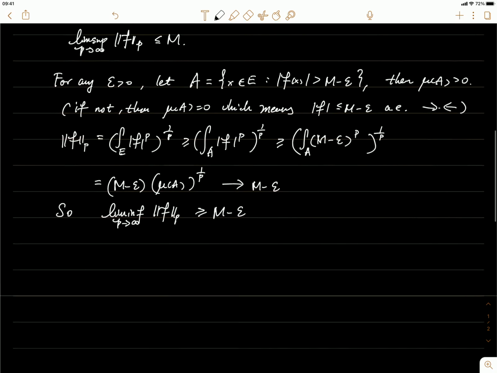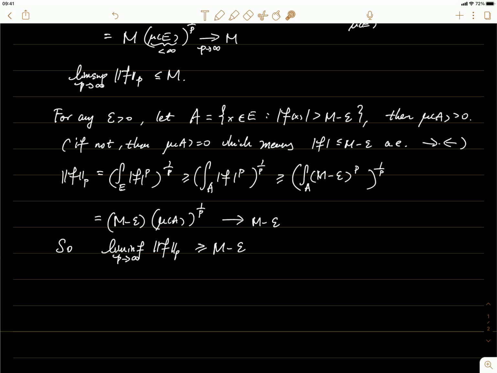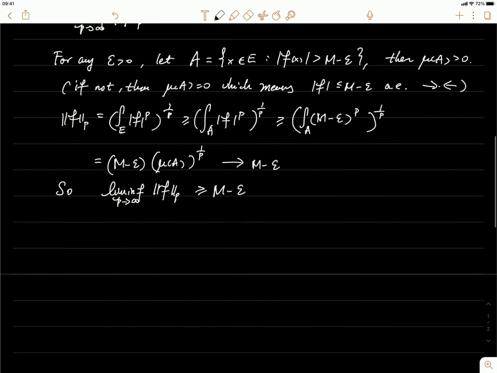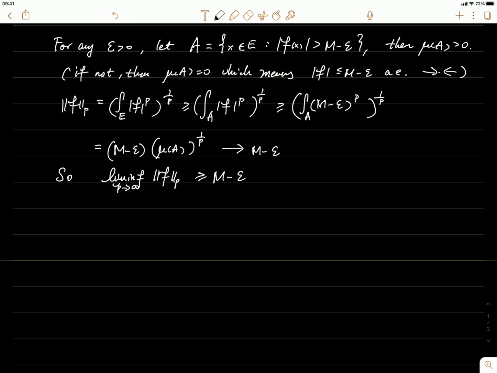Combining with the fact here, the upper limit is lower than or equal to m, and it is bigger than or equal to the lower limit of the norm, which is also greater than or equal to m. So we know that the limit must exist, and it is equal to m.